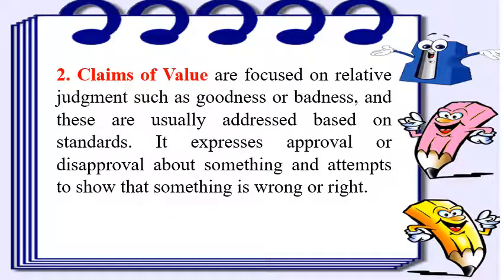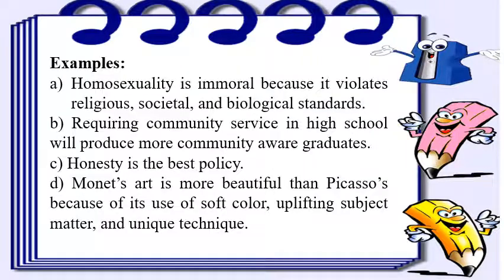Now, claims of value are focused on relative judgment, on goodness or badness. So say, for example, the first example is homosexuality is immoral because it violates religious, societal, and biological standards. Well, I don't have to comment about that.